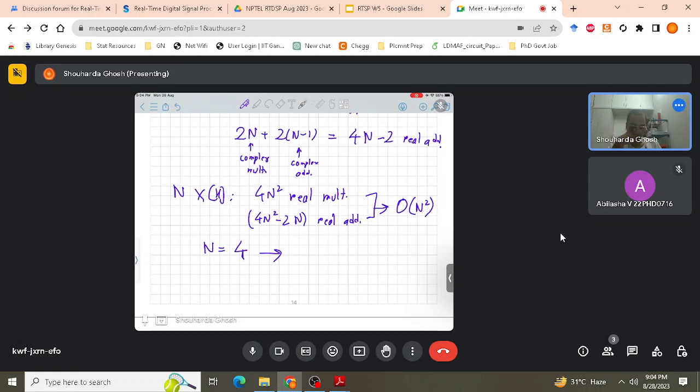So when you have n equal to 4, how many multiplications are required? 4 times 4 squared, that's 64 multiplications. Now let's say you increased n by 10 times, how many are required? 4 times 40 squared, there are 6,400 multiplications. Imagine the increase, that's 100 times.